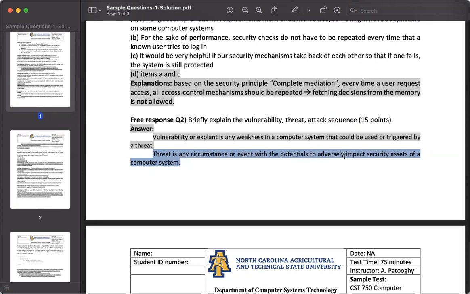But that thing still has not happened, and we call that situation a threat. So it's one step forward with respect to security, but still you haven't lost anything in your system.